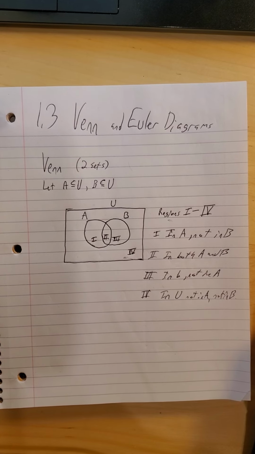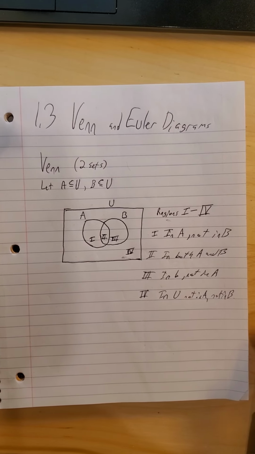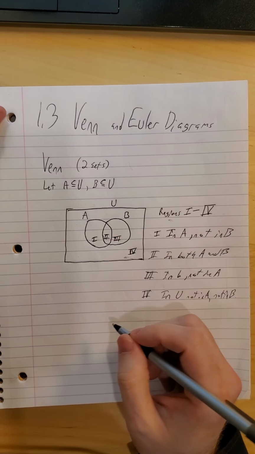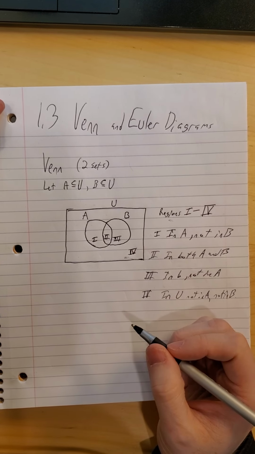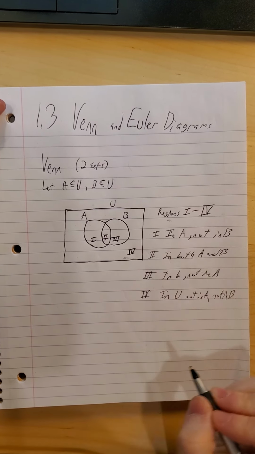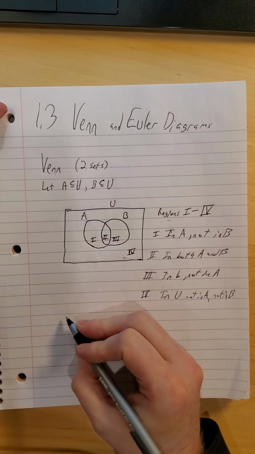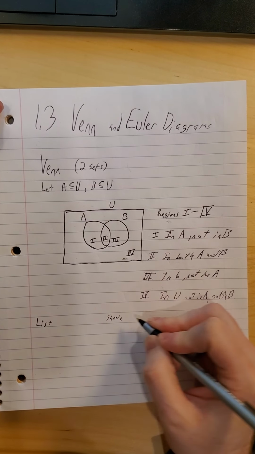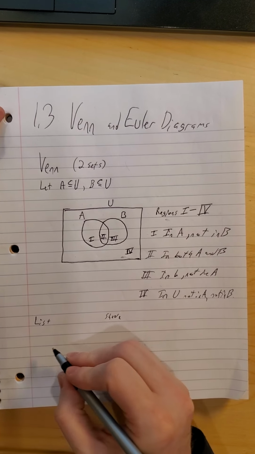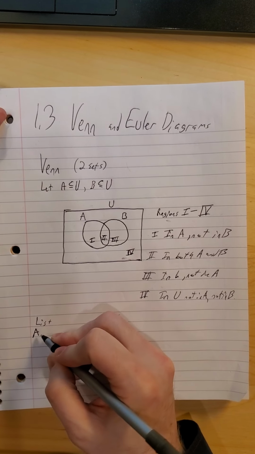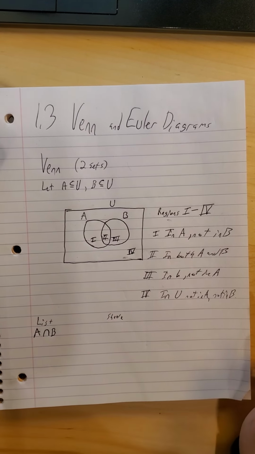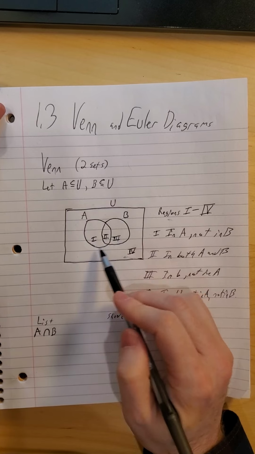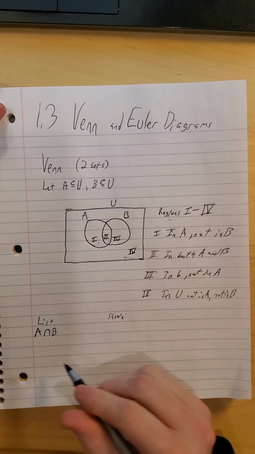So these are really used to sort of depict more complex ideas about sets and elements. So one thing they have us do is list out elements and regions or shade them. So we'll start with A intersection B. So region A is actually 2 separate ones.